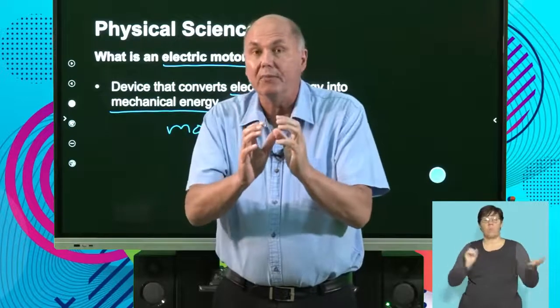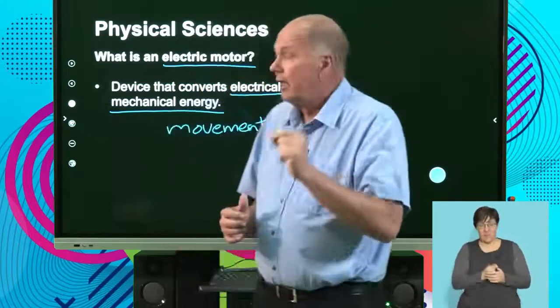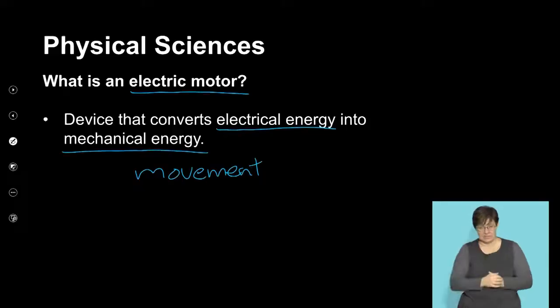Let's see what the effect is going to be. Well, it shouldn't surprise you that around a current-carrying conductor, there's a magnetic field. And if we put a local magnetic field into a stronger magnetic field or a permanent magnetic field, there's going to be some sort of force or interaction. Well, let's see exactly how we're going to describe that and make some predictions.